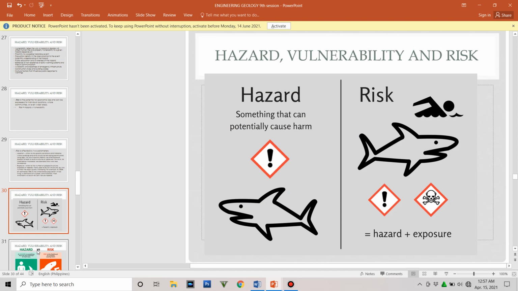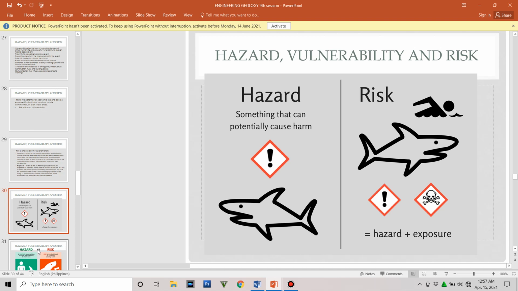So for better understanding, let us have this slide wherein it compares the hazard versus risk. So hazard is actually something that can potentially cause harm. Ano ba yung mag-harm sa'yo? Yung pating. Walang risk pag wala ka dun, of course. So there will be a risk if you are going to swim with the shark.